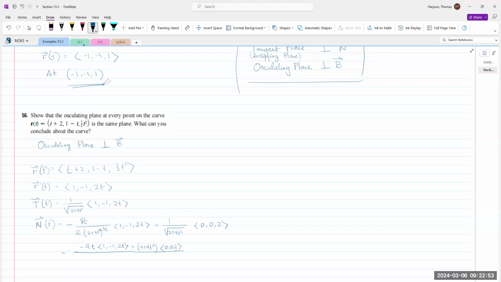I do the LCD, by the way. And then at the bottom I have (2 plus 4t squared) to the power of 3/2.